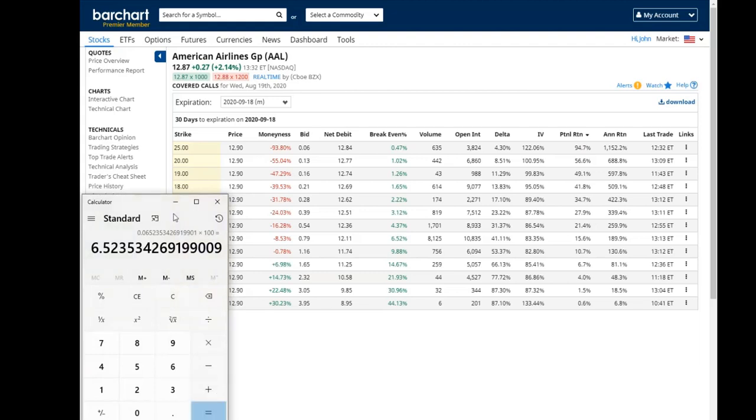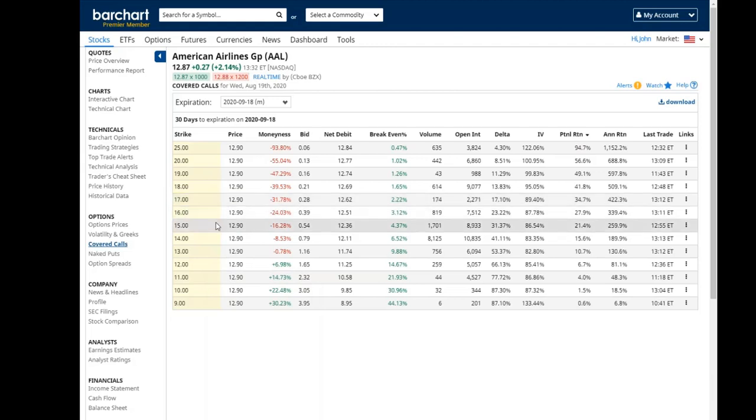Now, if I did the $15 strike, I'm going to take in 54 cents. Now, 54 cents versus a $12 net debit, you can see that that's going to be about less than 5%, right? So maybe not as much return on that, but still greater than 1 to 2%.